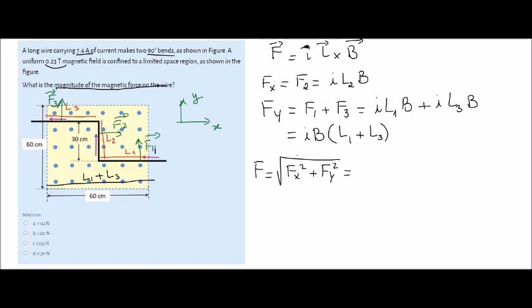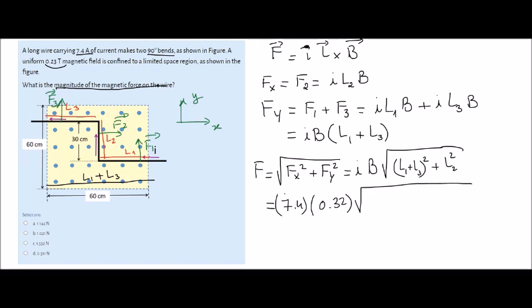So you put that inside the square root, you get IB, common factor, times the square root of (L1 plus L3) squared plus L2 squared. Okay, so let's put numbers. Current 7.4, magnetic field 0.32, square root of (L1 plus L3, that's 60 centimeters, 0.6 meter) squared plus (L2, 0.3 meter) squared.